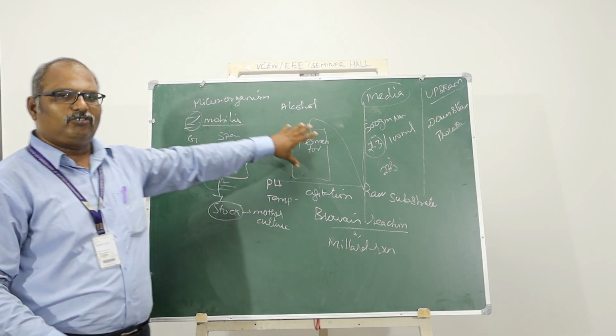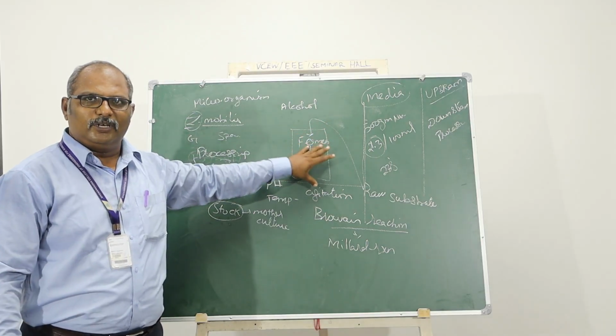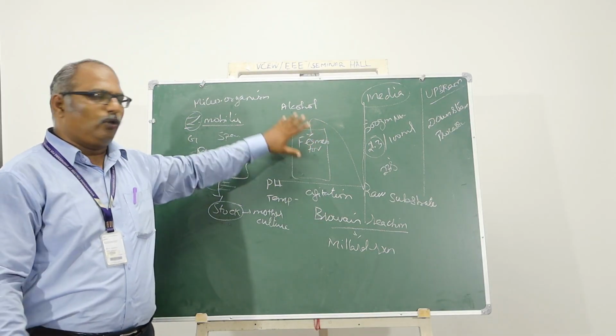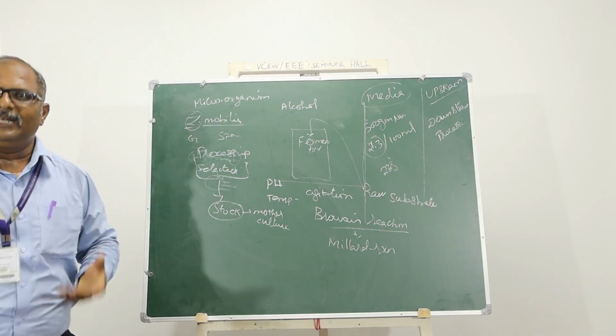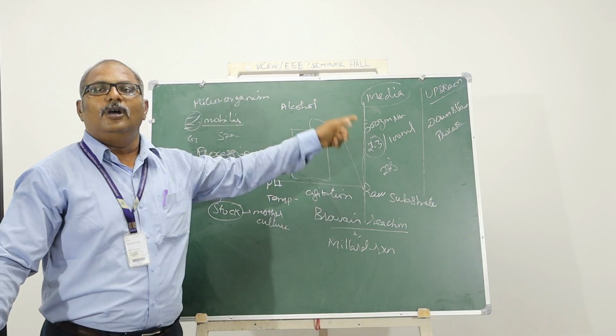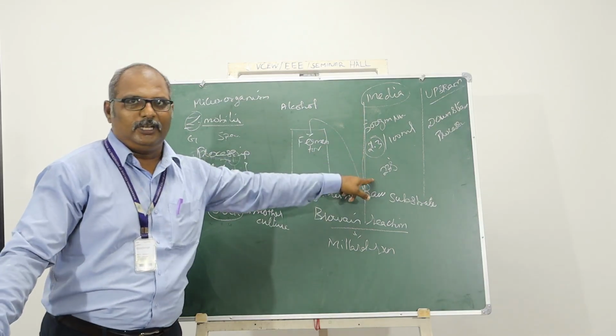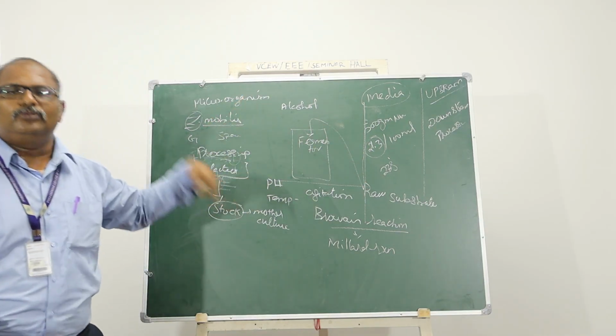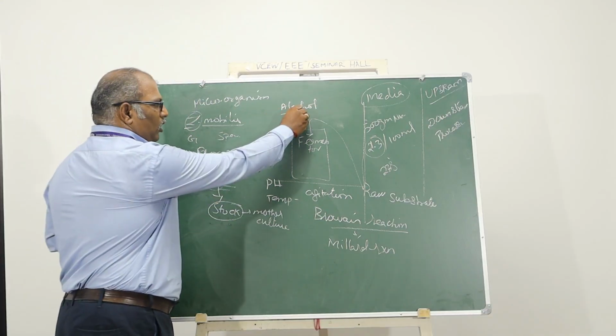All these things have to be provided in the fermenter so that the microbes grow and give a better yield, utilize the nutrients present in the medium, and produce the desired compound, alcohol.